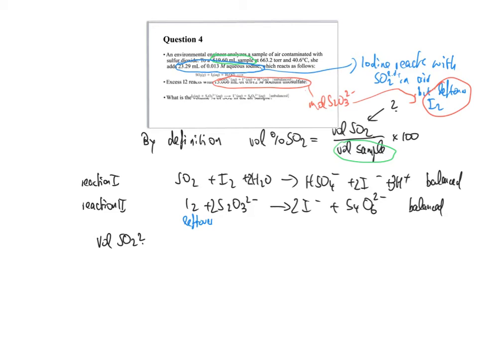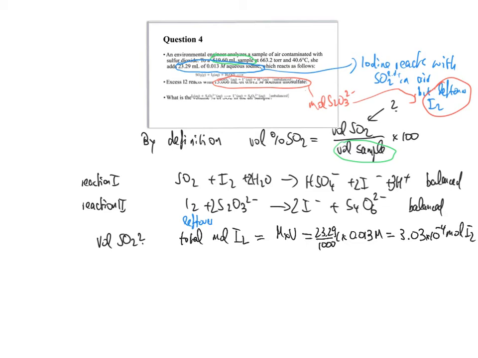So let's take a look how this works mathematically. The total mole of I2 is pretty much molarity times volume, which is 23.29 divided by 1000 times 0.013 in this problem. And that is approximately 3.03 times 10 to the minus 4 mole of I2.